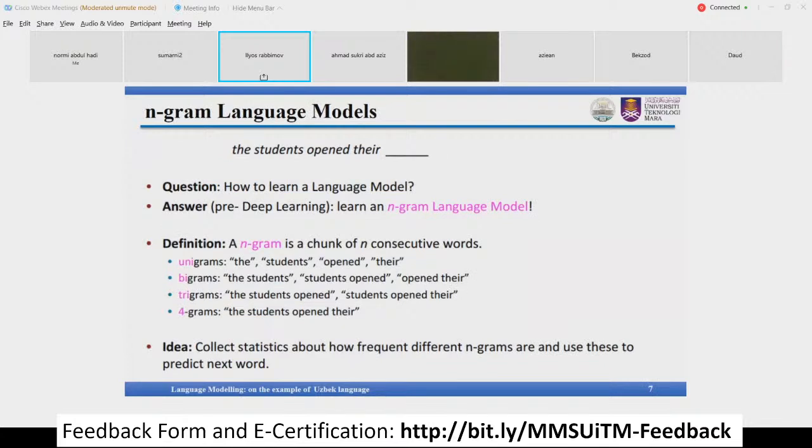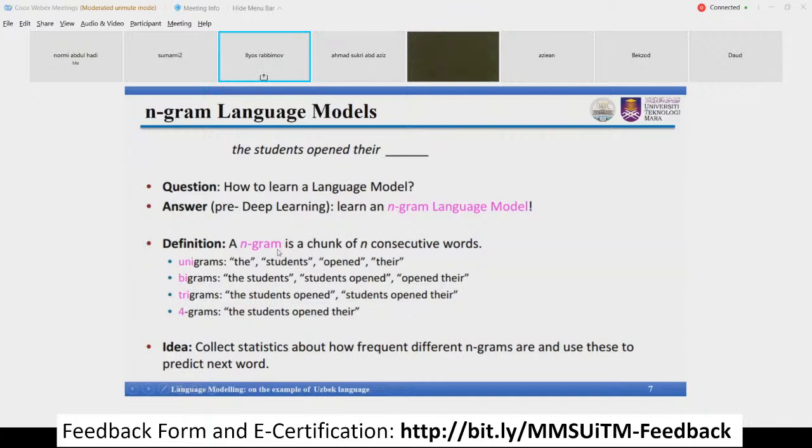N-gram language models. How do we learn to predict the next word? We learn an n-gram language model, and this is the most popular language model in NLP. They are described here: the students open there, and the next word needs to be predicted via the language model.